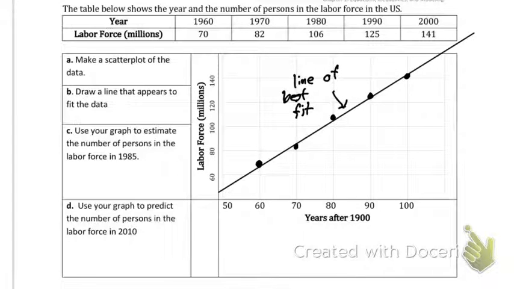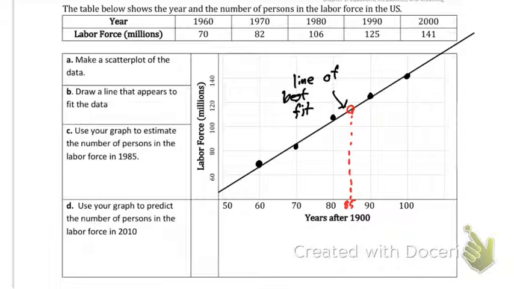So it says here, use your graph to estimate the number of persons in the labor force in 1985. Obviously, it's not a point they gave us, but based upon that line of best fit, we can go over to 1985 and just work our way up and guess at what point that's going to be. Well, it looks like it's slightly above halfway.